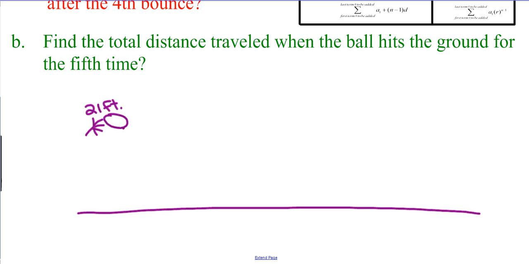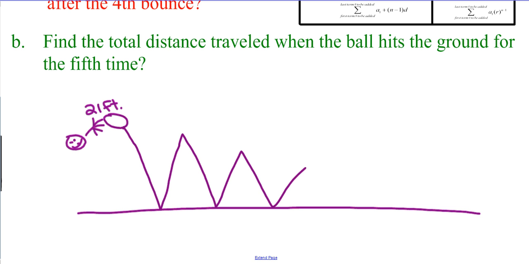My hand's going to release it, right? There's my face. And the ball's going to come and hit the ground and bounce back up. Now, it doesn't bounce as high, right? It's going to hit the ground, bounce back up. Hit the ground, bounce back up. This sequence repeats until all of a sudden it kind of does one of those numbers, and it'll start rolling. That's how a ball bounces, right?